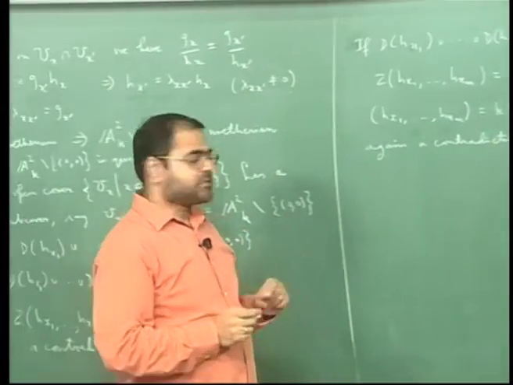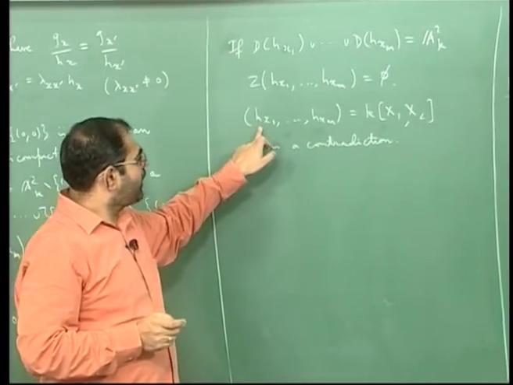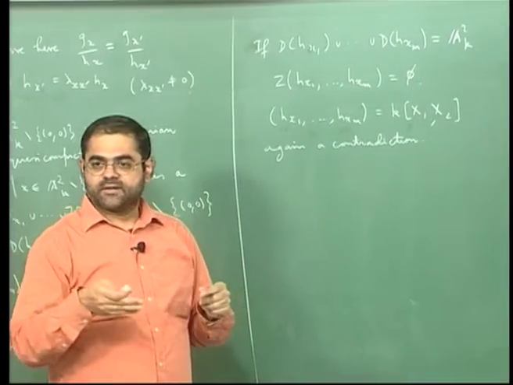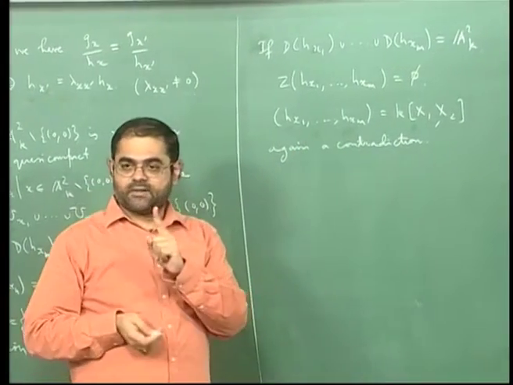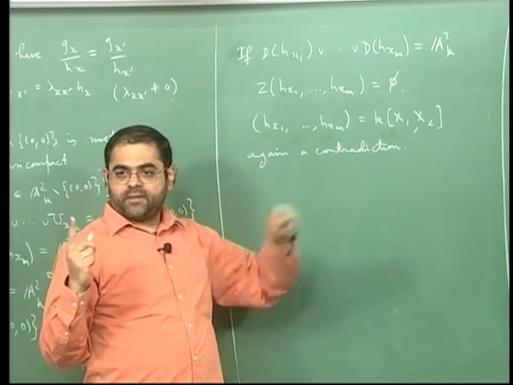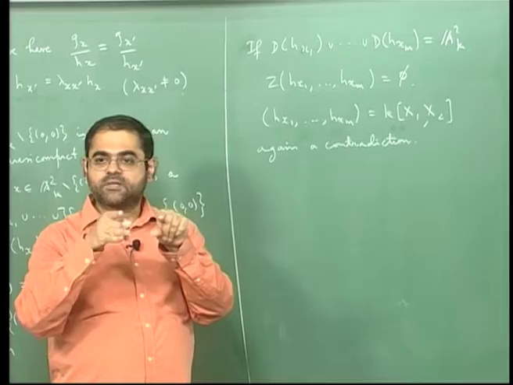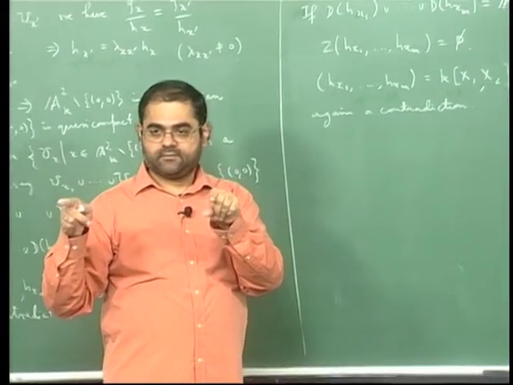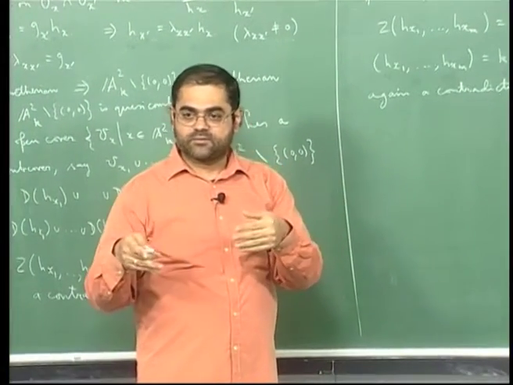It is a contradiction because all the Hxi's are multiples of one another, so this is the ideal generated by a single polynomial, and you are saying the ideal generated by a single polynomial contains 1. It will mean that that polynomial multiplied by some other polynomial is equal to 1, which will mean that the polynomial itself is a non-zero constant.